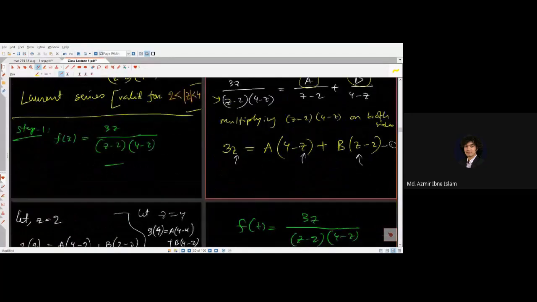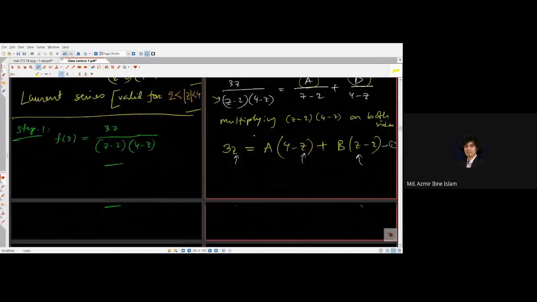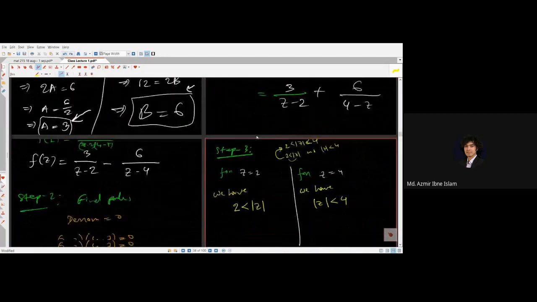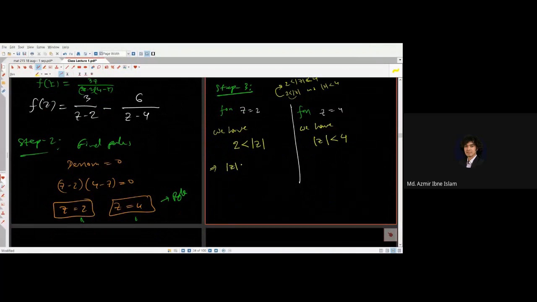And in step 3, don't forget that every region should be converted to modulus of something less than 1. Make sure on the right side you have 1. So up to this part we are done. That is, for z equal to a, we have a region. For z equal to b, we have a region. Now, modulus of z less than 4, and we can write modulus of z greater than 2.